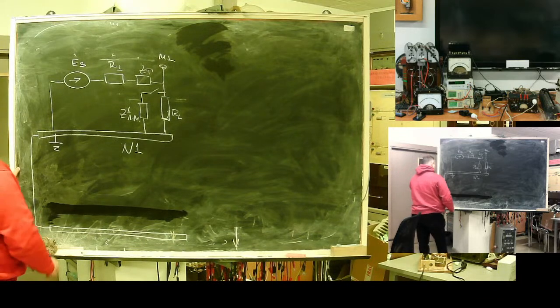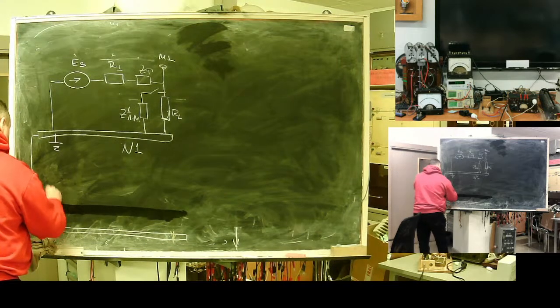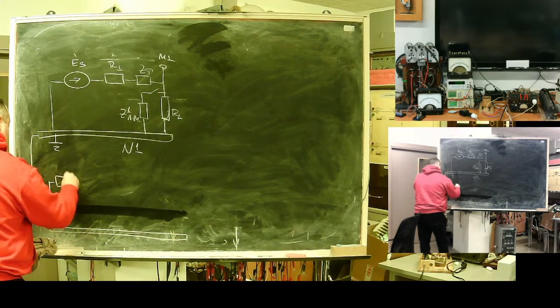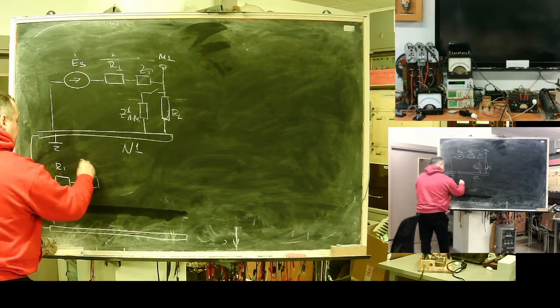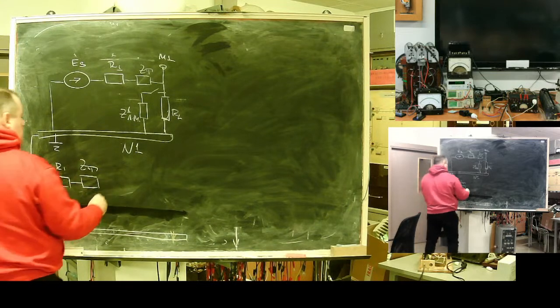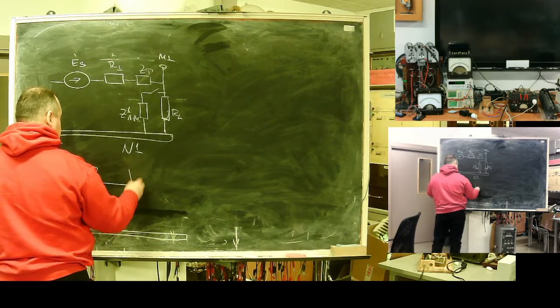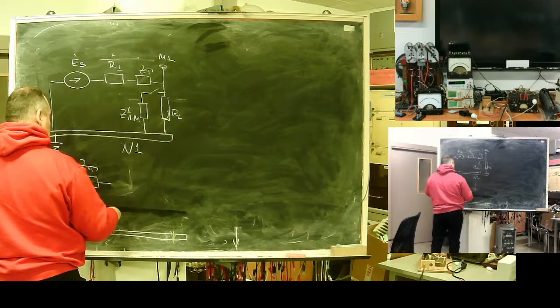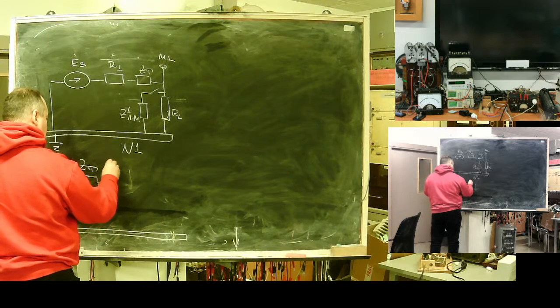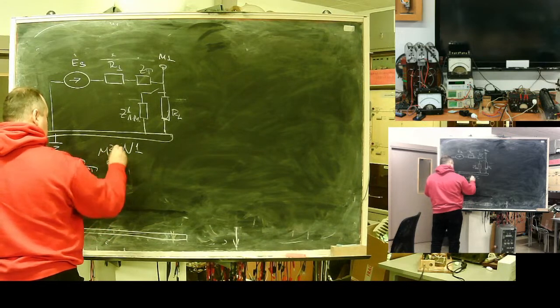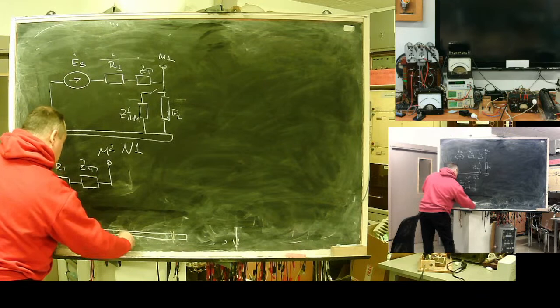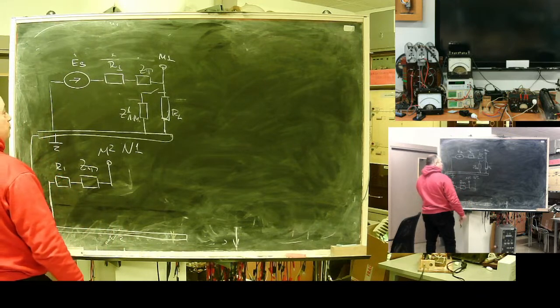Here, what I will see: R1, transformer, this is N2. Okay, what next?